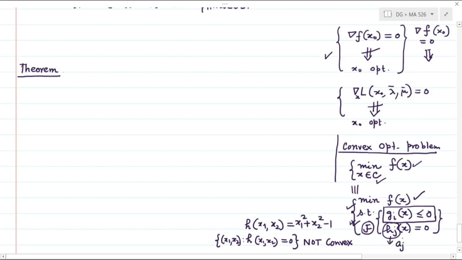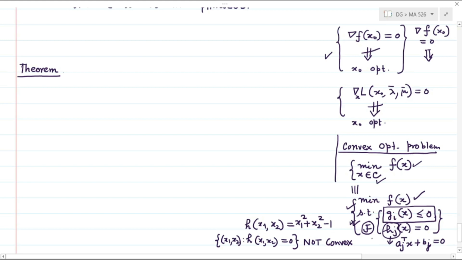That means a_j is an n-dimensional vector, a_j transpose x plus b_j equals 0. And as you all know, this set of all x such that a_j transpose x plus b_j equals 0 is just a flat region, a hyperplane, and a hyperplane is a convex set.